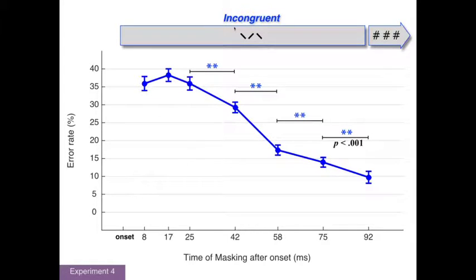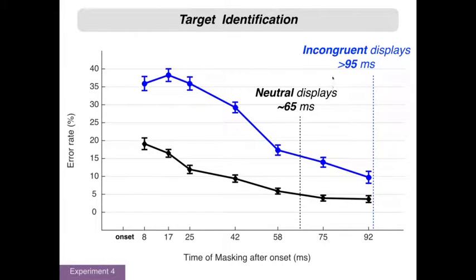In incongruent displays, on the other hand, the masking remained effective until as late as 92 milliseconds after onset. That means that in incongruent displays, at 92 milliseconds, the system was still accumulating critical information about the target.